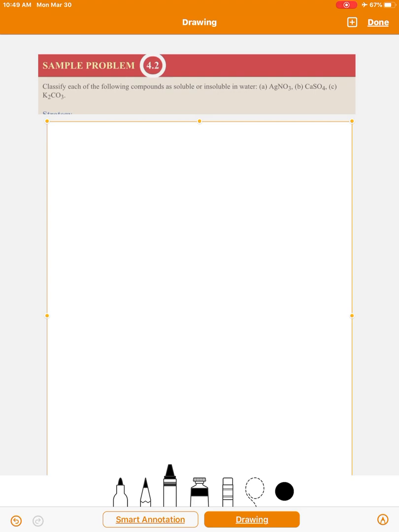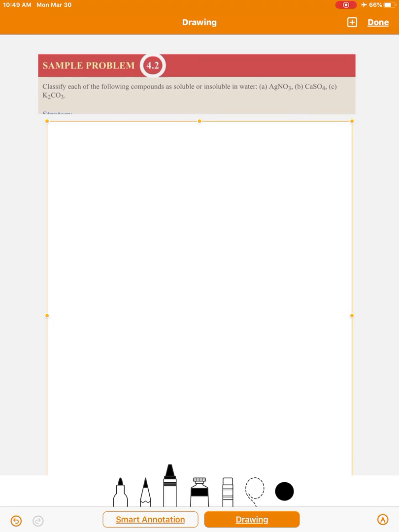When you're doing that sort of problem, strong, weak, non-electrolytes, you want to use the approach that ionic compounds are strong electrolytes. But here we're going to see for this type of problem that some ionic compounds don't dissolve in water, so they would be non-electrolytes, in fact. So let's take a look at how we go about this.